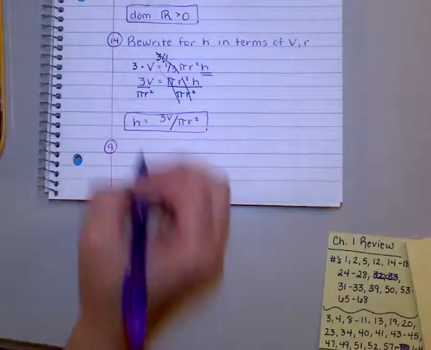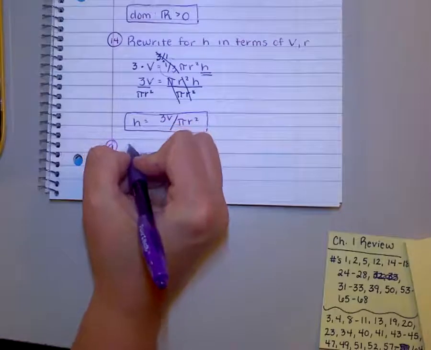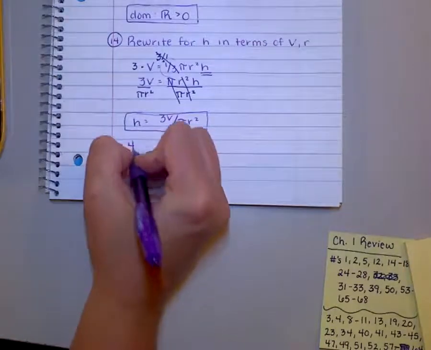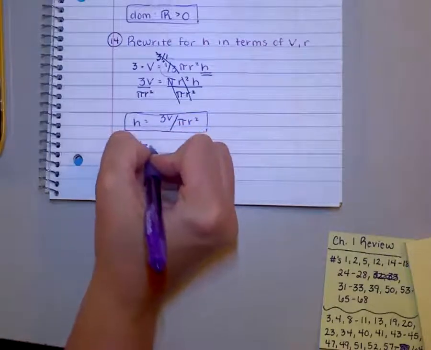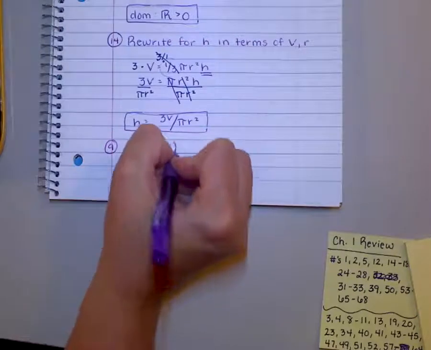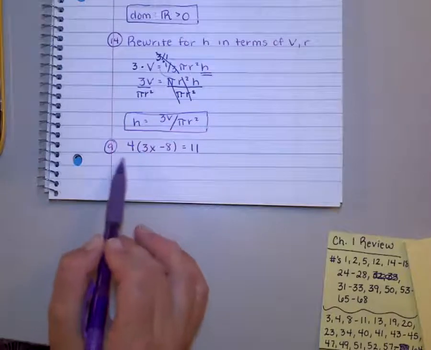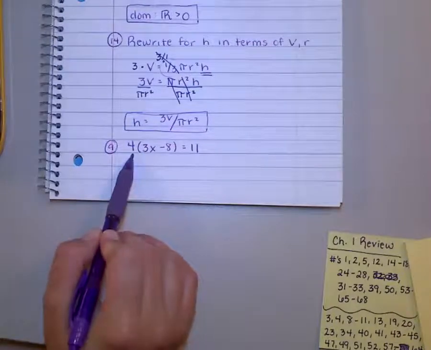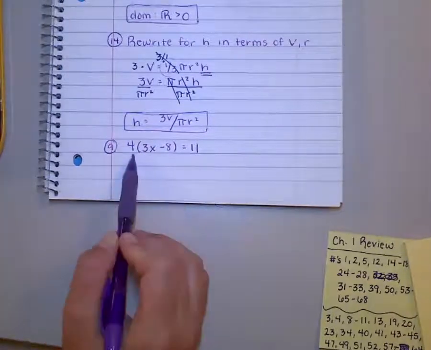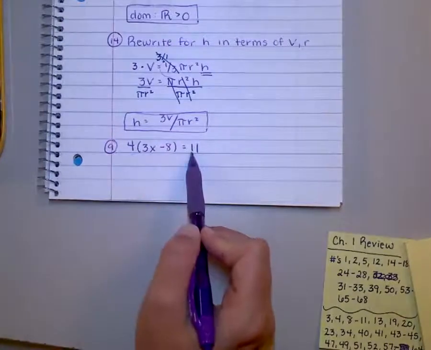Okay. So number 9 says 4 times 3x minus 8 equals 11. I might be tempted to divide by that 4 right off the bat, just to get rid of it. But the problem is when I divide by it over here, I can see it's not going to work out very nicely.